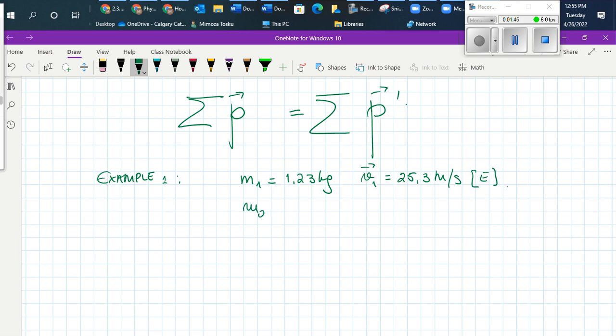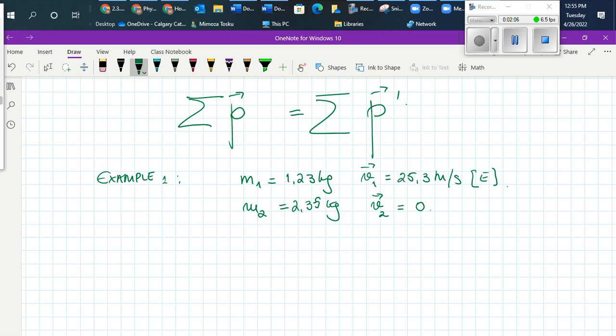And object 2, which has a mass of, let's say, 2.35 kilograms, is at rest. When we say it is at rest, it means that the velocity of that object is equal to 0.